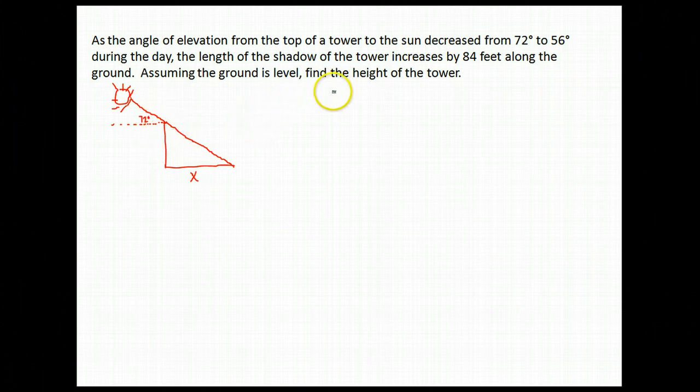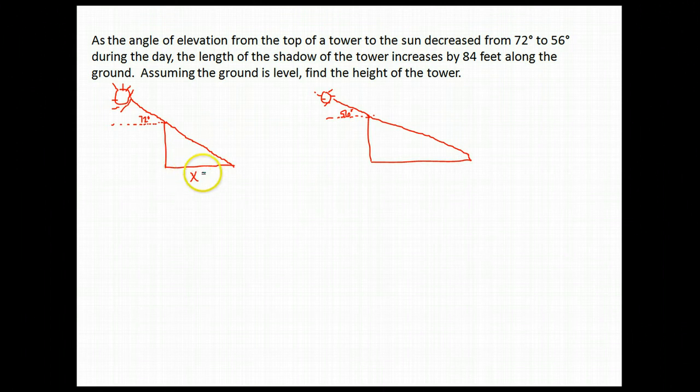Okay, but then as the sun went down further in the sky, we still had our tower, we still have the sun, but now our angle of elevation is only 56 degrees. It decreased from 72 to 56 degrees, that angle that you're looking up at the sun. Notice that would also lengthen our shadow, and it lengthened our shadow by 84 feet.